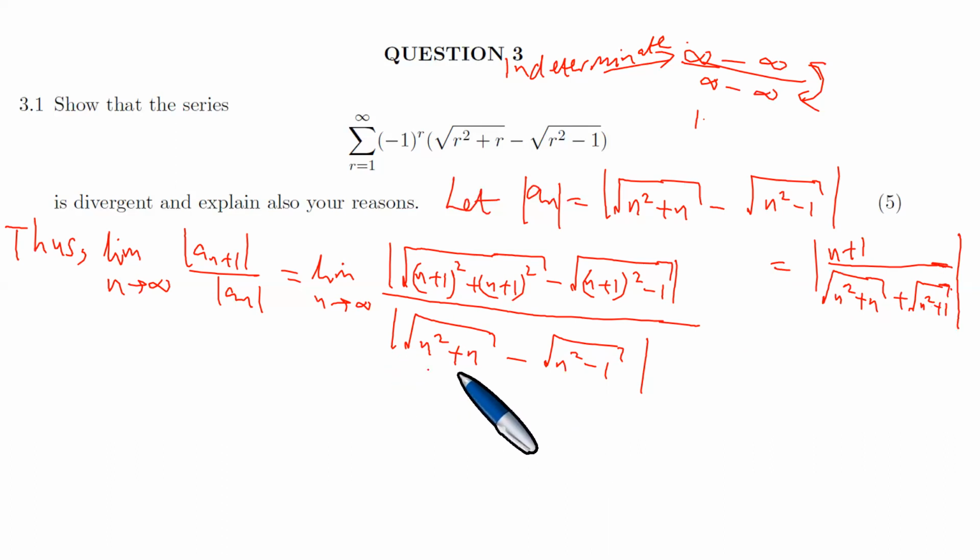So this difference, which is leading to indeterminate forms, can be handled better.